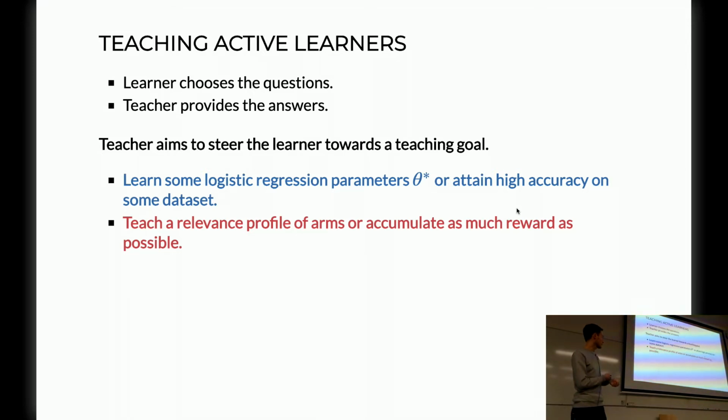For example, the goal might be some parameters that are known to the teacher, or just obtaining high accuracy on some test dataset. Or for the bandit model, it could be that you want to learn some profile of the arms, how relevant they are. This could be an example of a recommender system where the arms are, for example, movies, and the system tries to learn what the user wants to watch next.